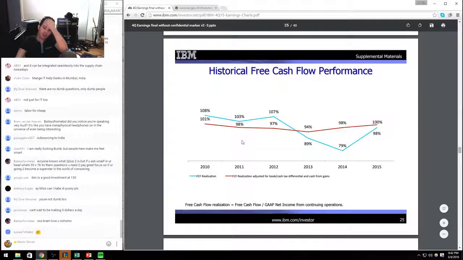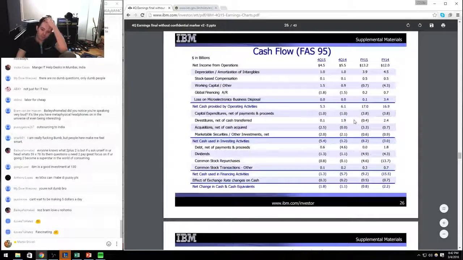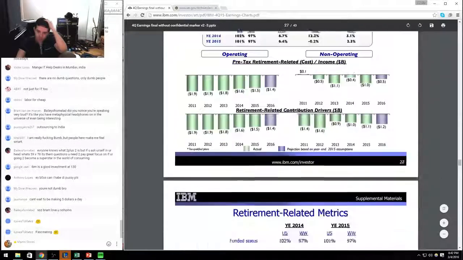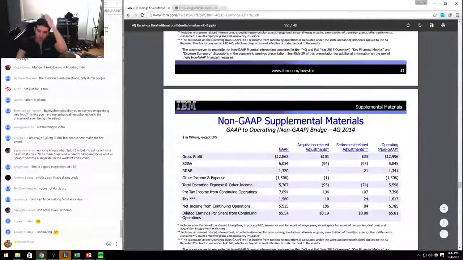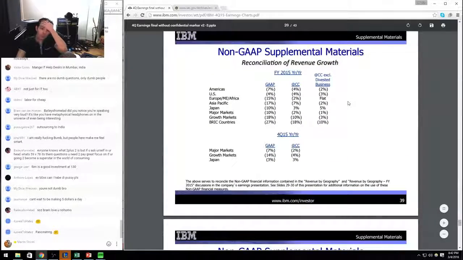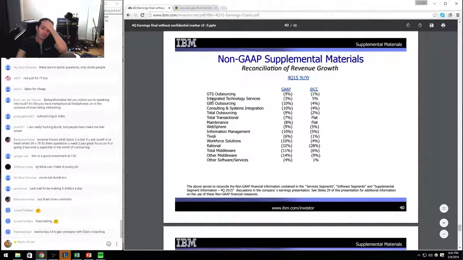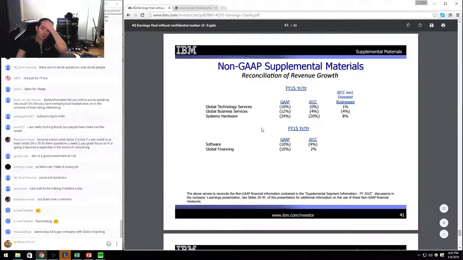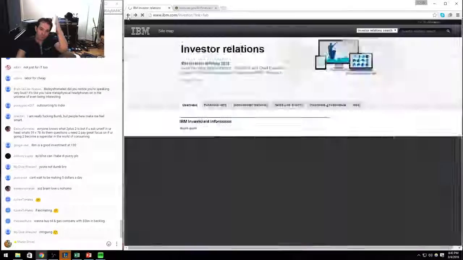And see how cash flow and net income really track each other. Cool.